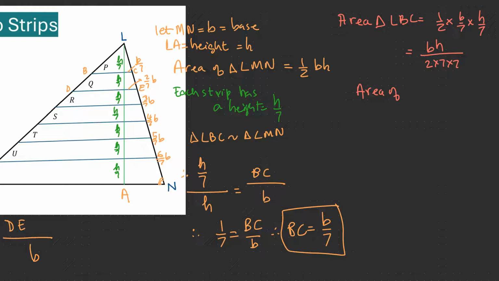Using my highlighter, this is the area that we are trying to find out. So area of BCED, that's a trapezium.